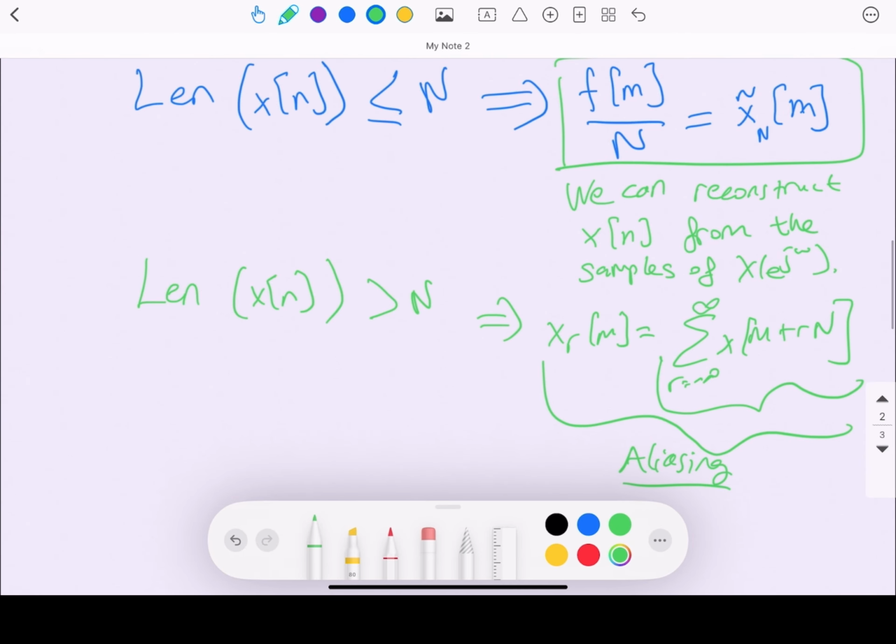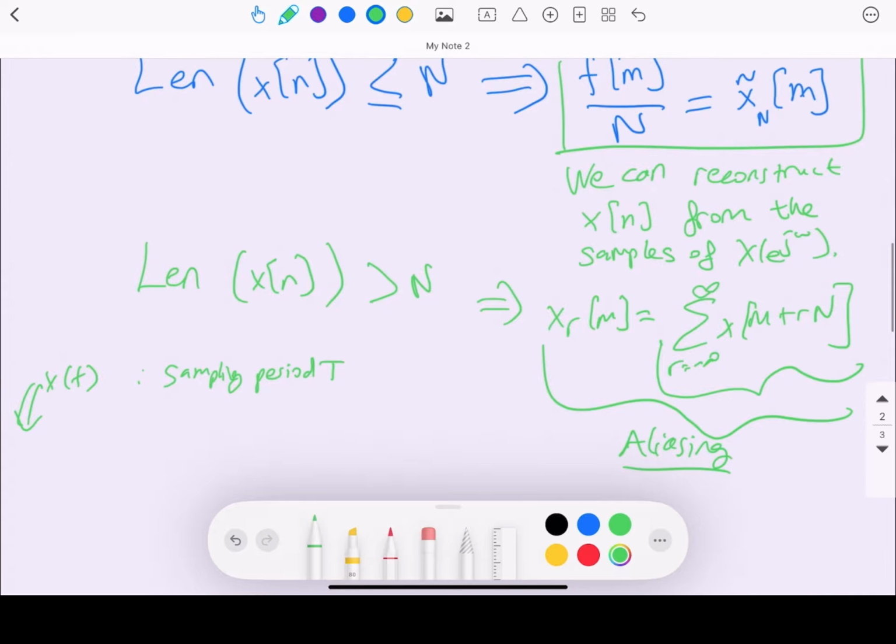Actually, this is very similar to the time domain sampling case. Remember that when we sample in the time domain, like if we sample the signal x of t with sampling period T, to be able to recover the signal from its samples, we must have that the bandwidth of the signal be less than 2 pi over the sampling period.